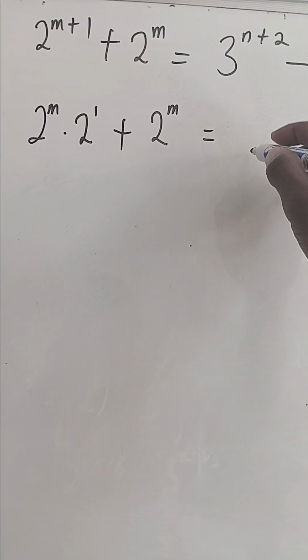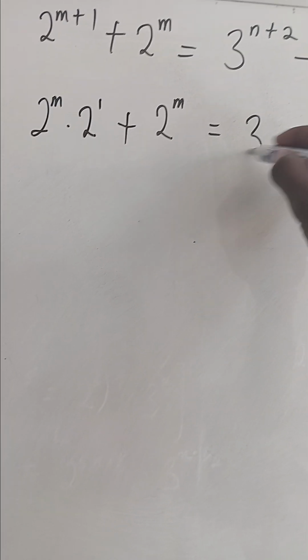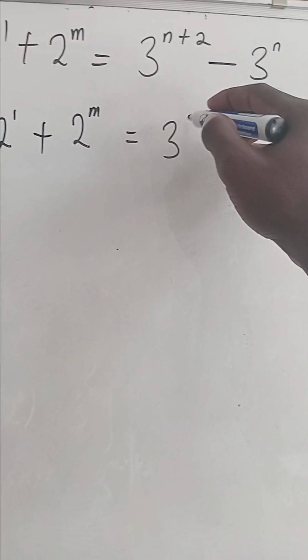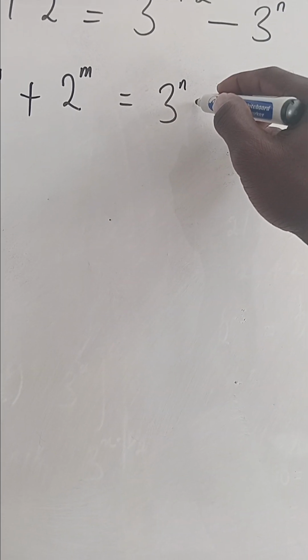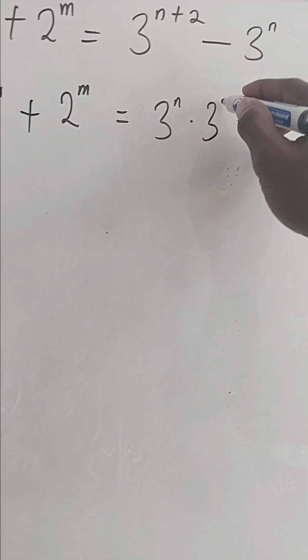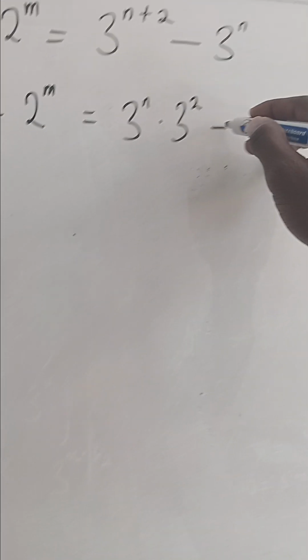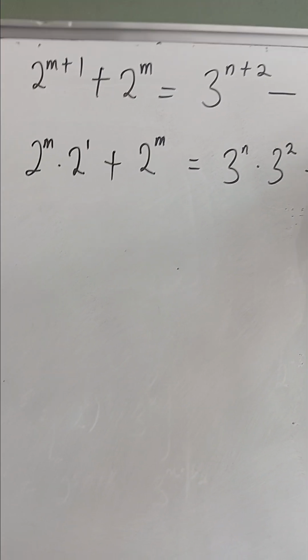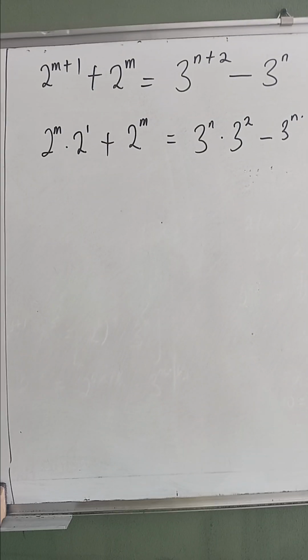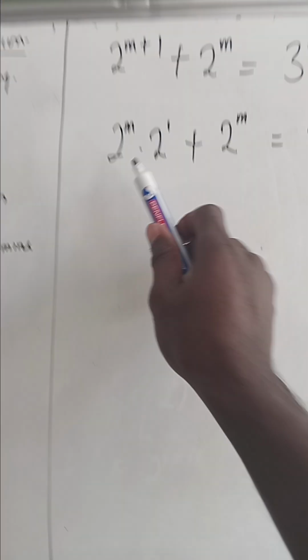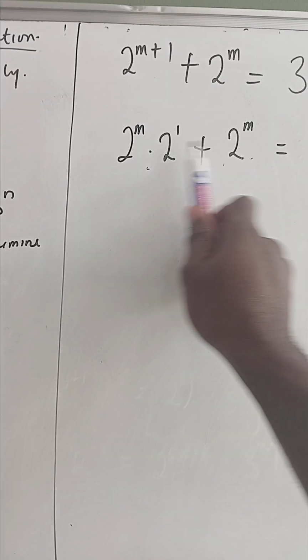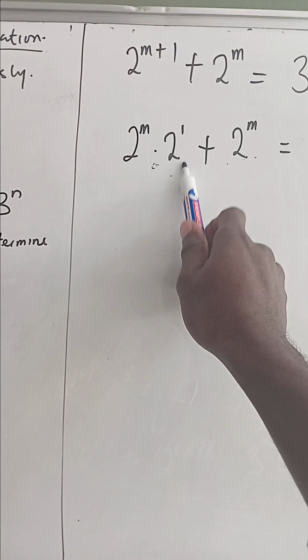which is equal to 3 raised to the power of n plus 2. We can rewrite this as 3 raised to the power of n multiplied by 3 raised to the power of 2 minus 3 to the power of n. So as you can see from the left-hand side, 2 to the power of m is a common factor to this and this.